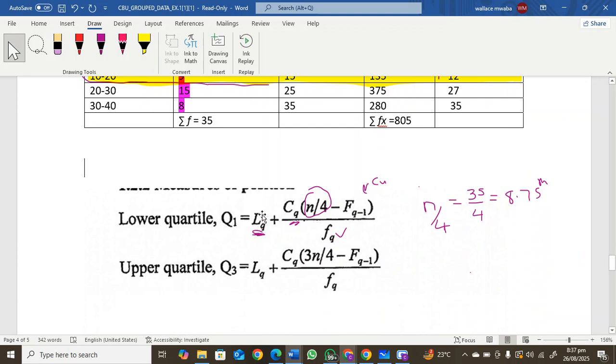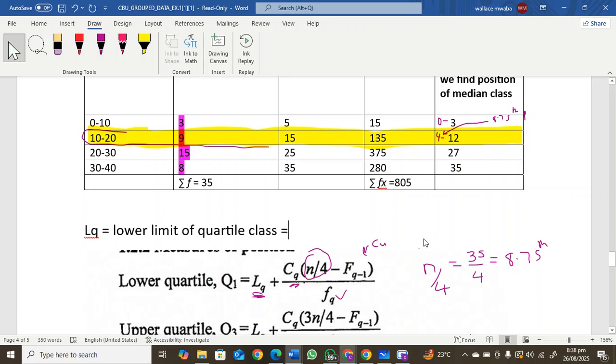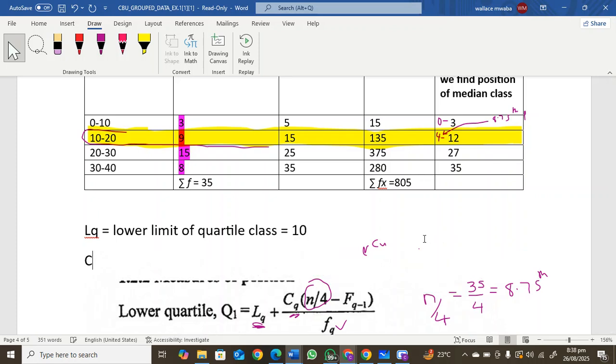LQ, the lower limit of the quartile class. Since our quartile class is from 10 to 20, the lower limit is 10. CQ, the class width of the quartile class, 20 minus 10, that is 10.